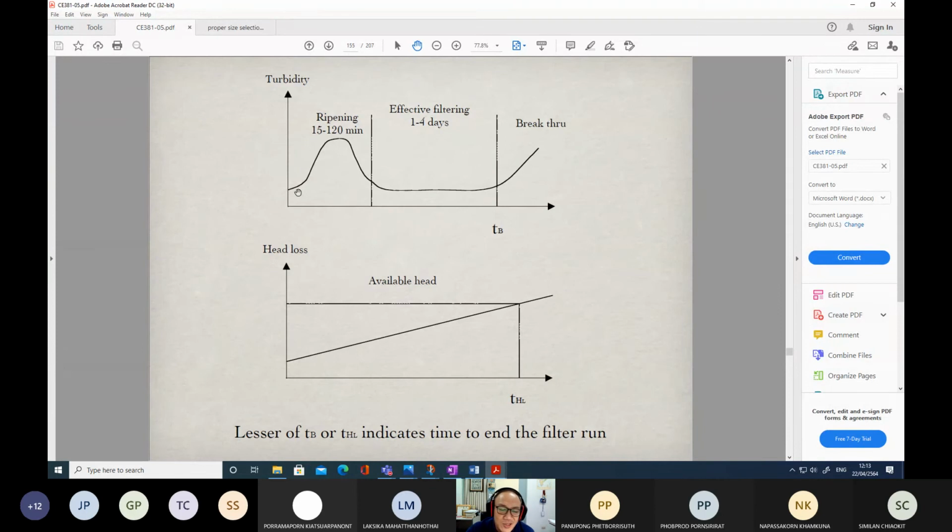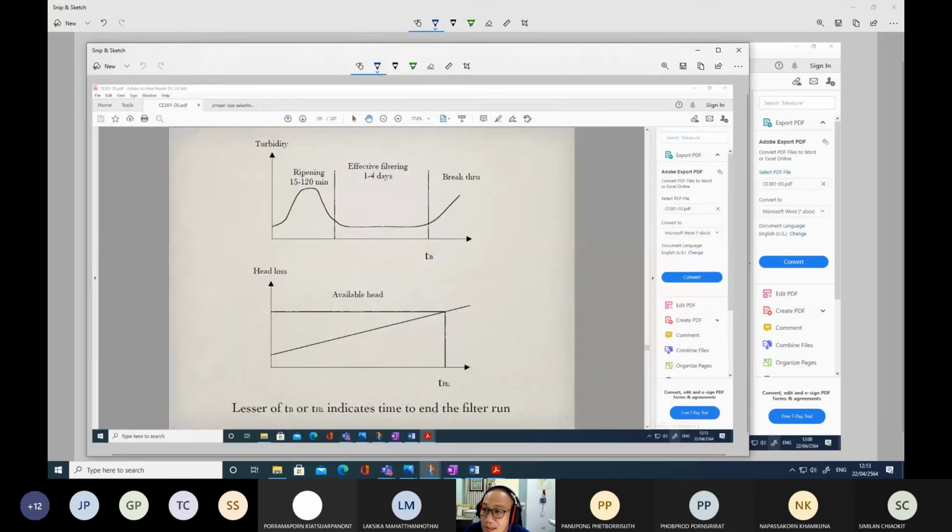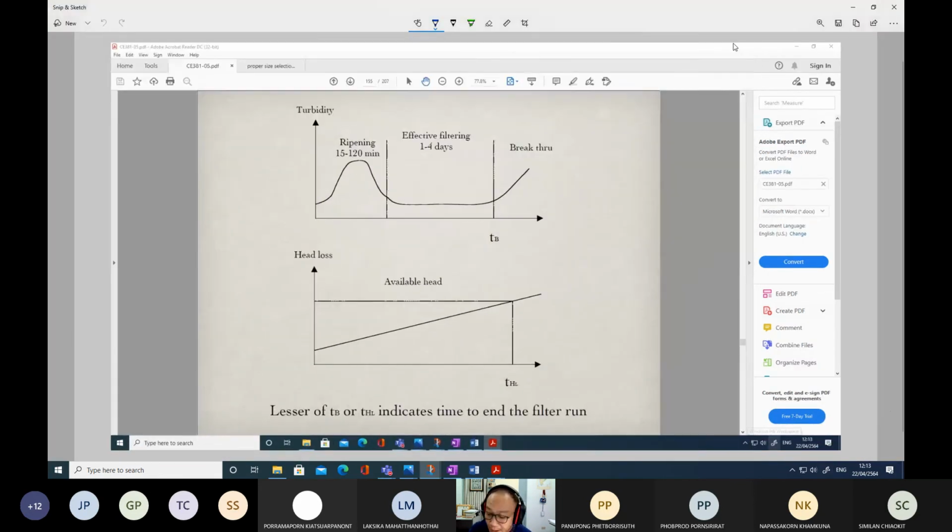For the turbidity, I'm talking about the turbidity in the effluent.